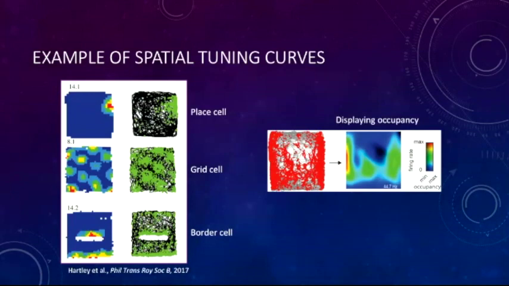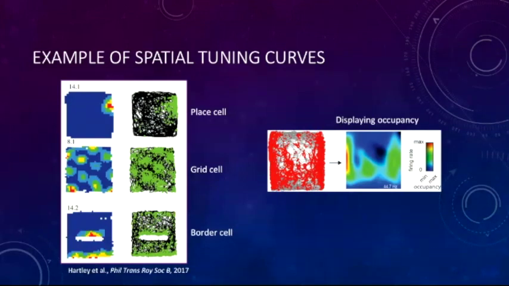Another thing I wanted to tell you is that you'll also see very often that you can display occupancy. You can kind of extract by eyeballing, I would say, the occupancy in the environment, like if you look at how often the animal has visited each different location. However, it's not really quantitative. So one way that it's done sometimes, and I try to do it myself, is that you can use a second dimension in your color.